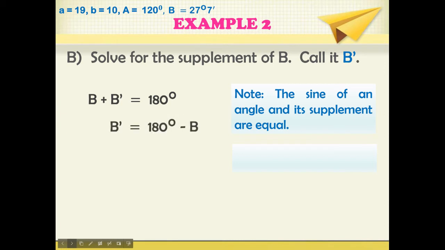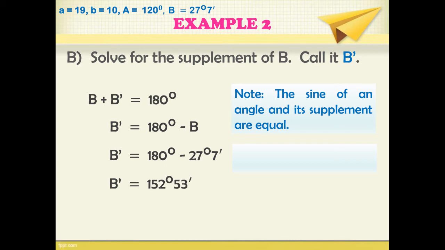So B prime is just equal to 180 degrees minus angle B. So B prime equals 180 degrees minus 27 degrees 7 minutes, and this will give us a value of 152 degrees 53 minutes.